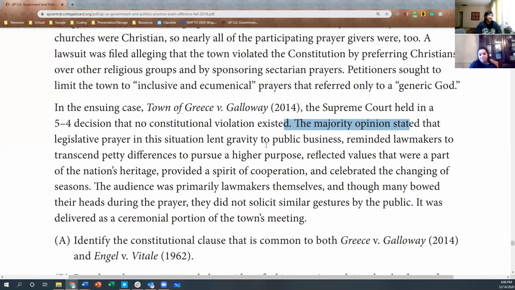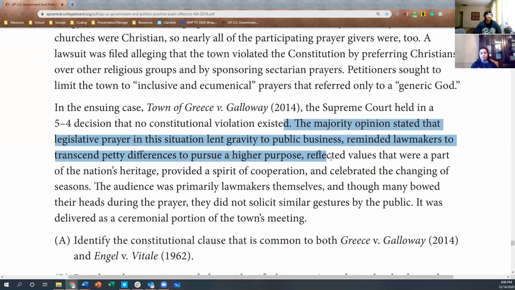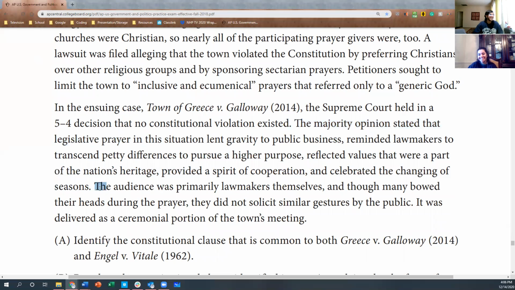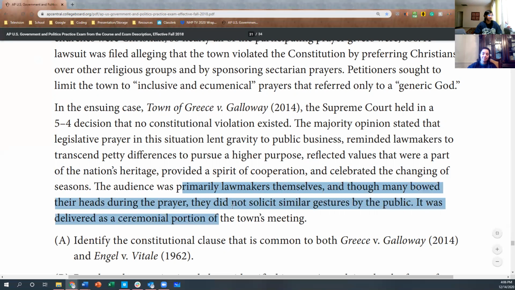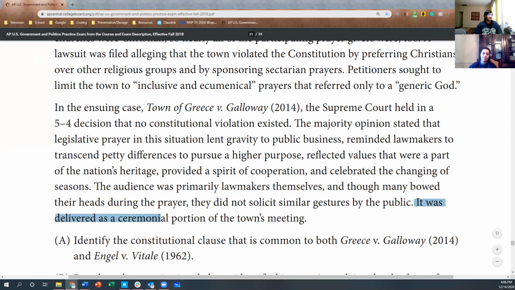The opinion stated that legislative prayer in this situation lent gravity to public business, reminded lawmakers to transcend petty differences to pursue a higher purpose, reflected values that were part of a nation's heritage, provided a spirit of cooperation, and celebrated the changing of seasons. What in the world? The audience was primarily lawmakers themselves, and though many bowed their heads during the prayer, they did not solicit similar gestures by the public. It was delivered as a ceremonial portion.